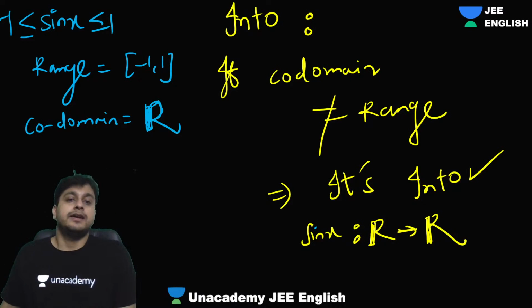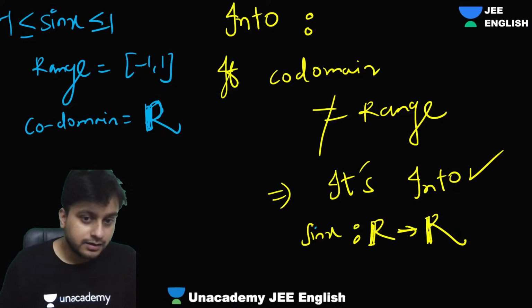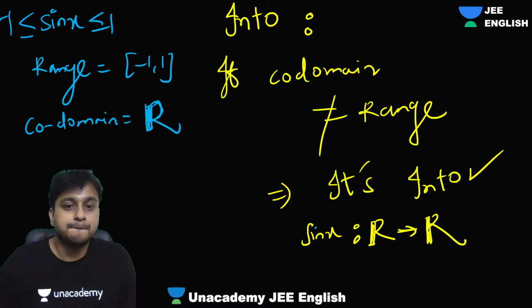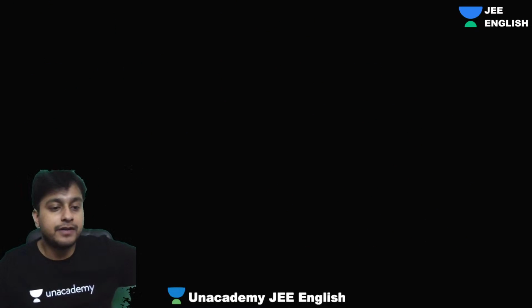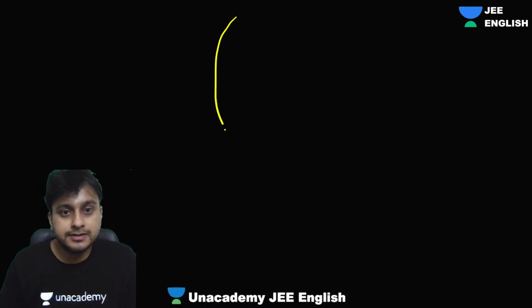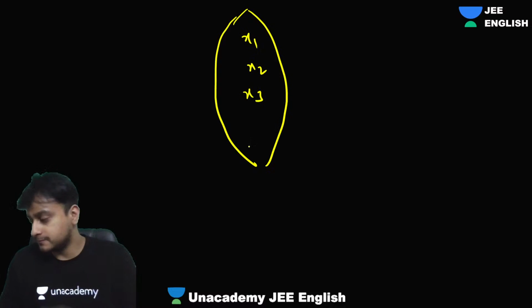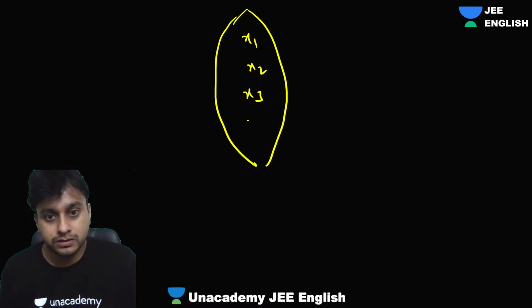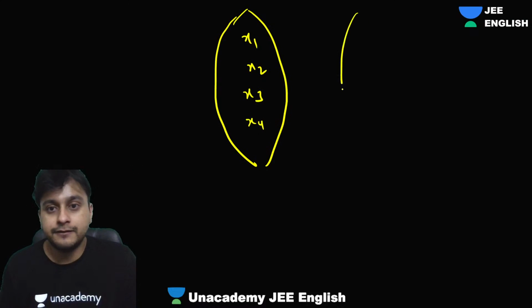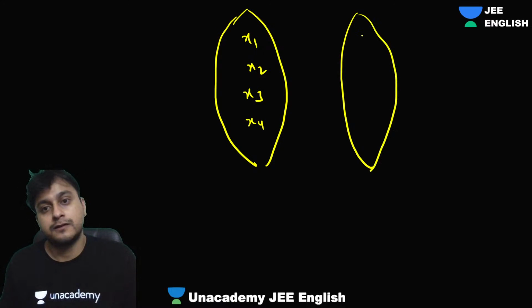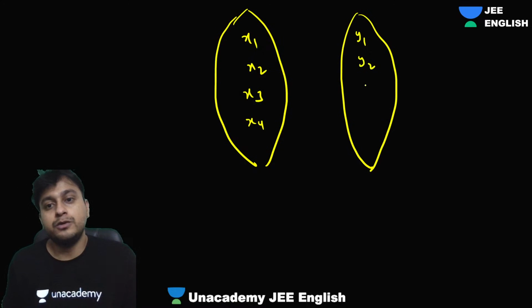Simple as it gets. Now, guys, let's suppose I have a function like this: x1, x2, x3, x4 on one side, and on the other y1, y2, y3, y4, y5, y6.